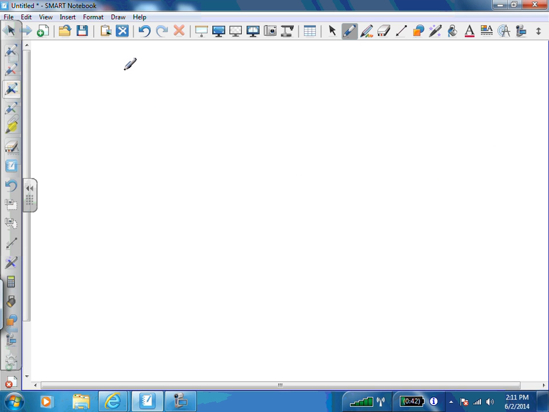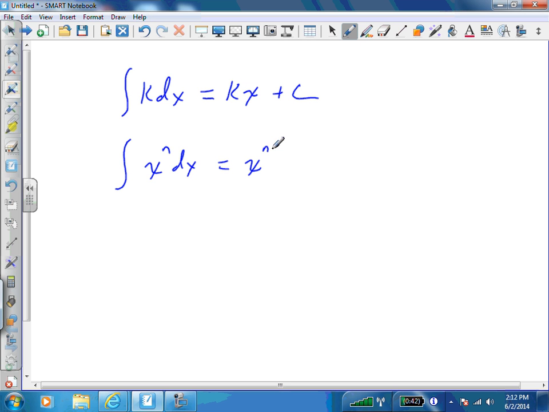Let's just review some of those. If we integrate a constant, we just pick up our variable plus an arbitrary constant. If we integrate x to a power, that's x to the 1 greater power over that power plus an arbitrary constant. Just like derivatives, if we have two different functions, we integrate each of those. But we don't have a product rule for integration. We don't have a quotient rule for integration.